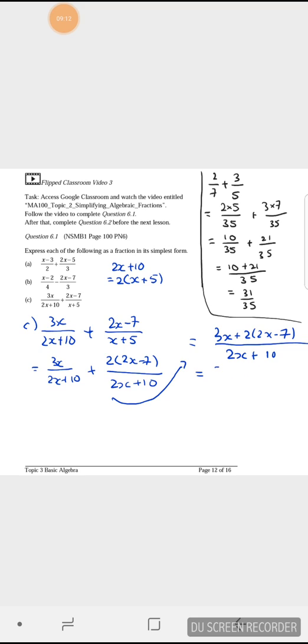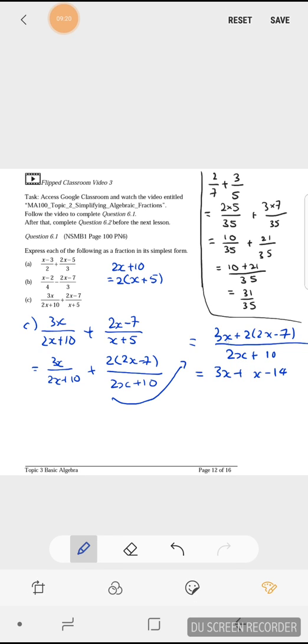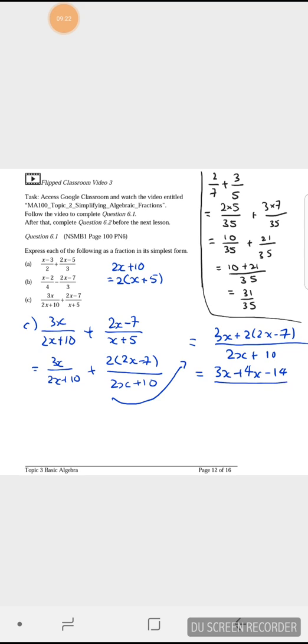From here, you will get 3x plus 4x minus 14 over 2x plus 10. Now this gives you 7x minus 14 over 2x plus 10.